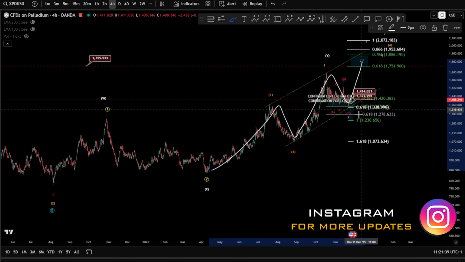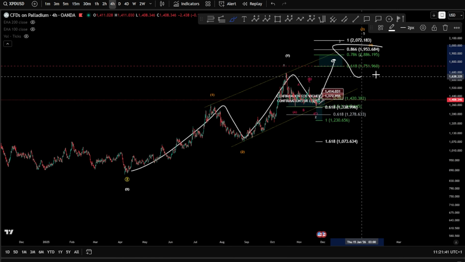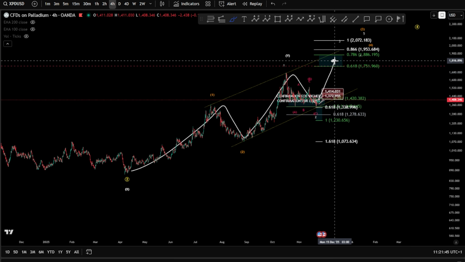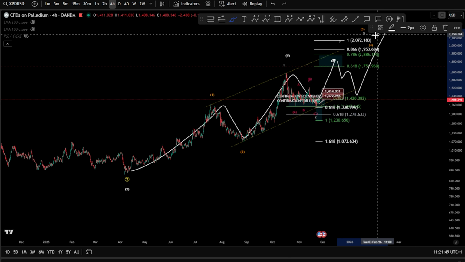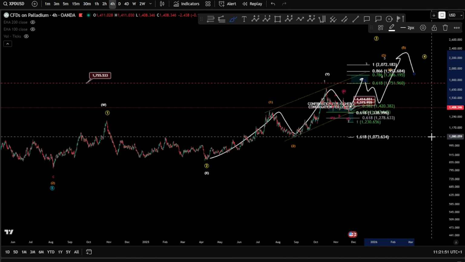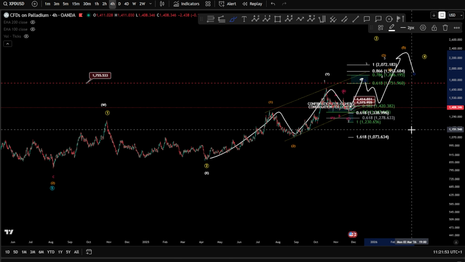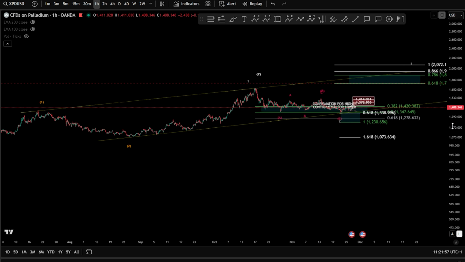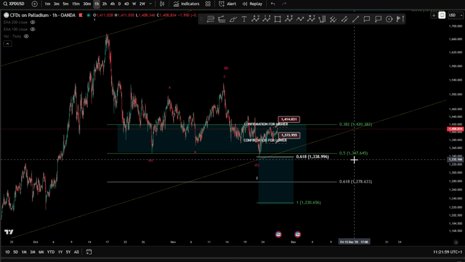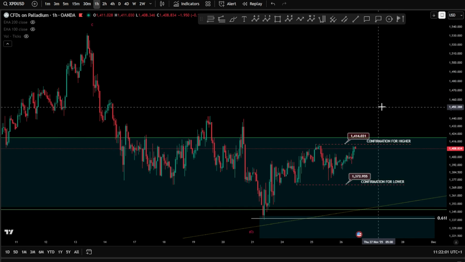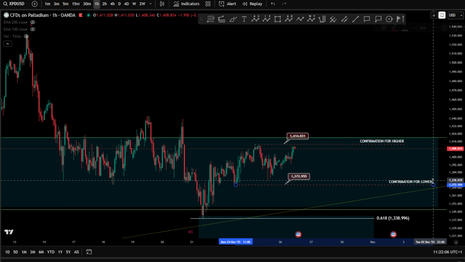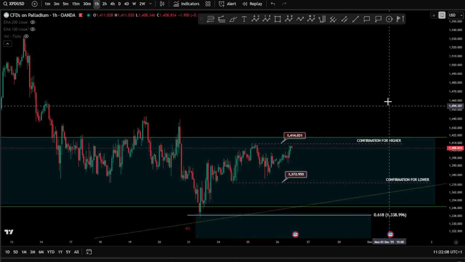Wave 5 might finish exactly in this blue box between 1751 and 1886 as a leading diagonal, then getting a wave 2, and then pushing higher for a massive wave 3 toward the upside. So this is exactly what I'm watching for Palladium, especially on the lower time frame here. We are looking at a price decision that might be given between those two levels.